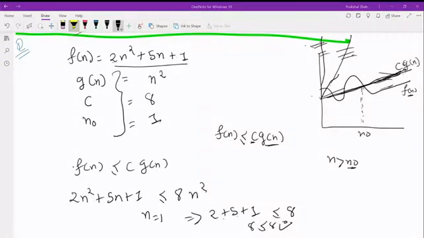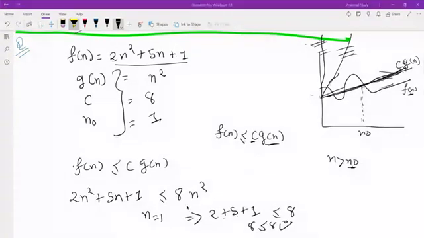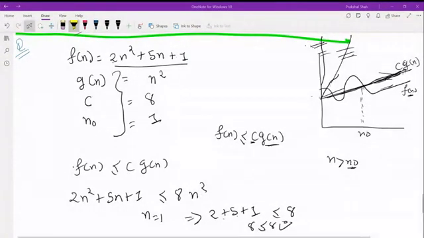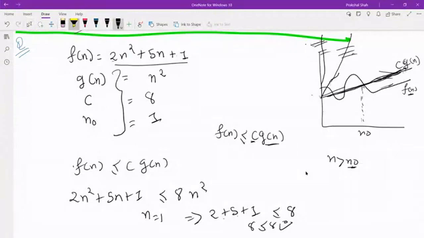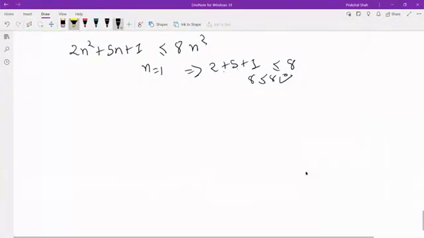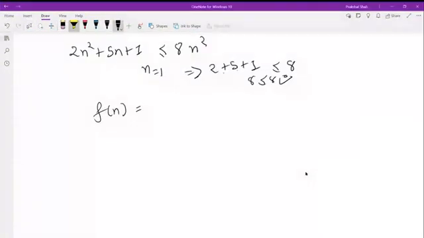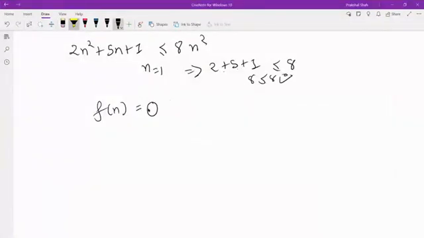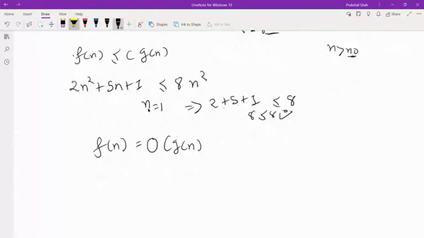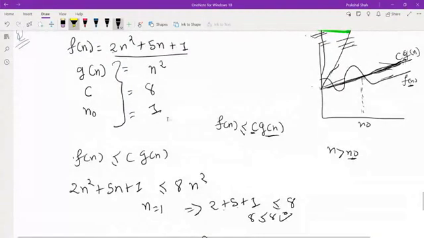Correct? Yes or no? Right? So I can write this particular thing as f of n equals order of g of n. This was my solution. Now what is my g of n here? It is n square.